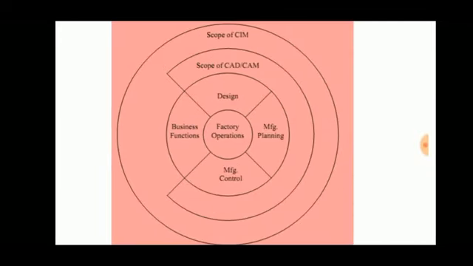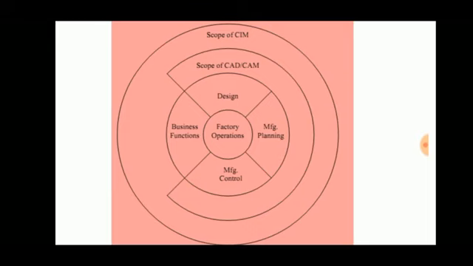This chart explains the CIM. The factory operations consist of the business functions, that is the market research or a survey taken from the people, and it is developed into a design. Then it's sent to a manufacturing department so that it can perform the manufacturing functions, and finally the products are quality checked in the manufacturing control.